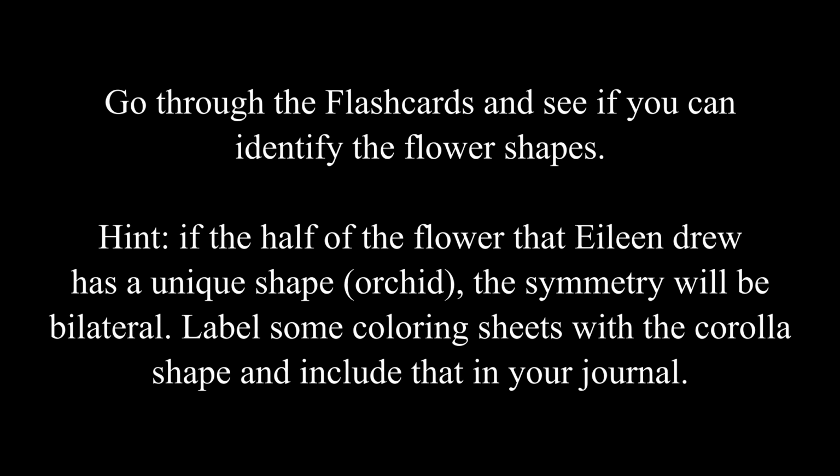Second activity is to go through the flashcards and see if you can identify the flower shapes. Hint, if the half of the flower that I drew is a unique shape, like the orchid that we talked about, the symmetry will be bilateral. Label some coloring sheets with the Corolla shape and include that in your journal. So you can do at least two things.